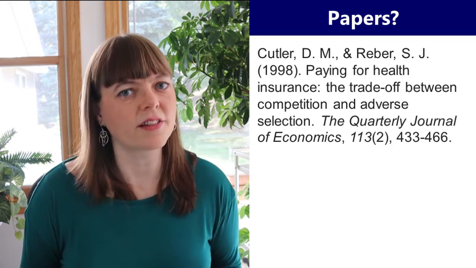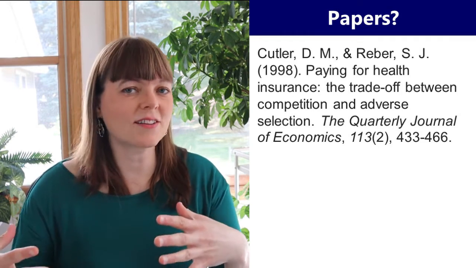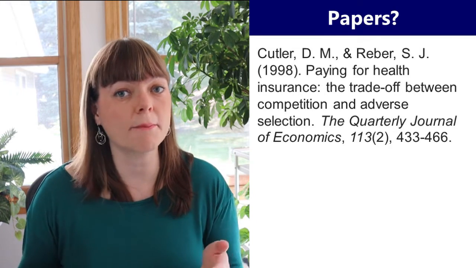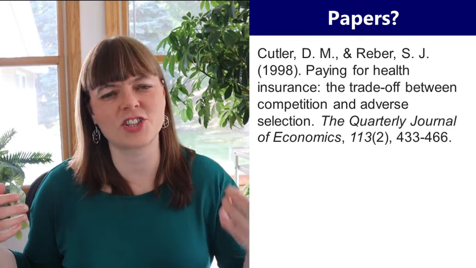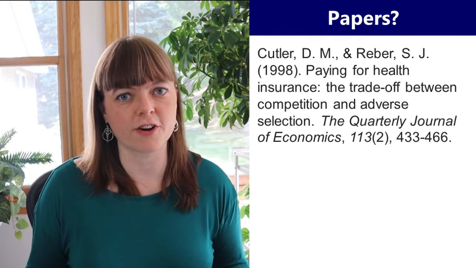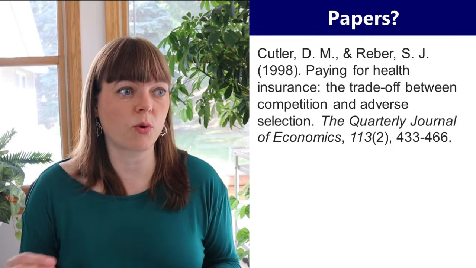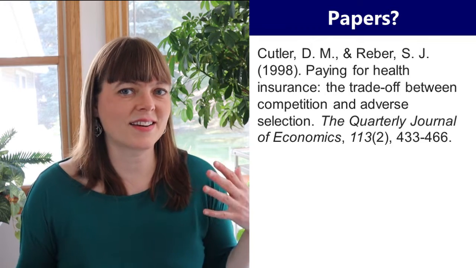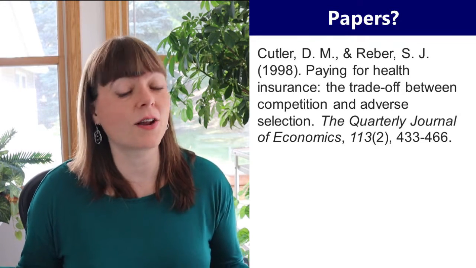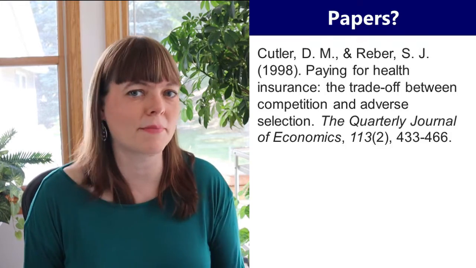The basic idea with Cutler and Reber is that Harvard had one single health insurance plan or one single company covering their whole population of professors and janitors and everybody who worked for Harvard. And then they switched suddenly to a voucher-based system where each person got to decide which company to go with. And they documented adverse selection in a way that matches up with this experiment pretty well. So it's a good time to talk about that paper.